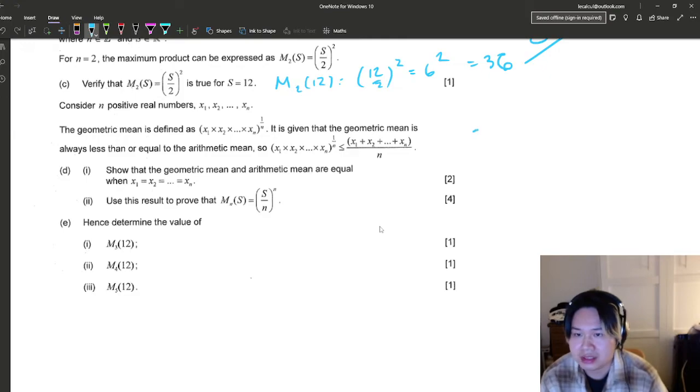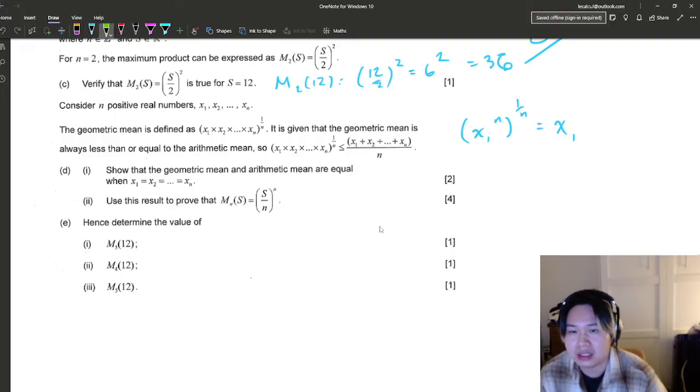That means that all of these are x1 to the power of n on the left side, because these are all the same, and then to the power of 1 over n. This is equal to x1, right? Because these will cancel. So that's the left side.